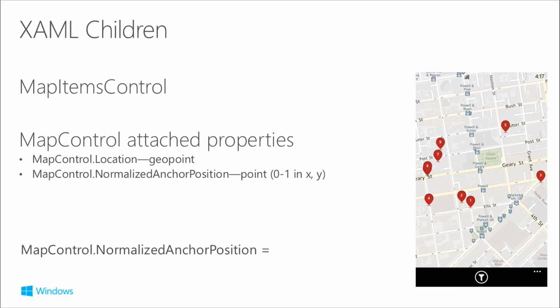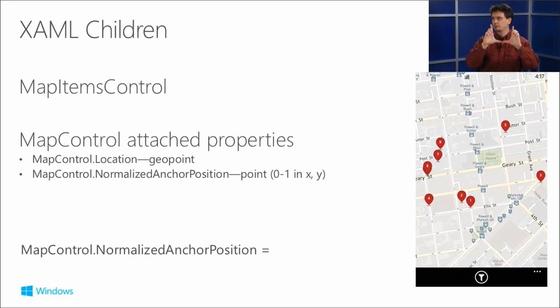Now, the way a normalized anchor position works is you essentially view your entire control as a 1x1 grid. We're talking about the icon. Right, so a 1x1 grid, yeah. Right, so the icon that you see there, let's say it's a XAML element. And it's got a vector and it's got some text, and maybe we've bound to that text somehow. We don't want the geolocation to be up at the top left corner, which is where it would be by default. So we can take that normalized anchor position and say, I want x to be 0.5 and y to be 1.